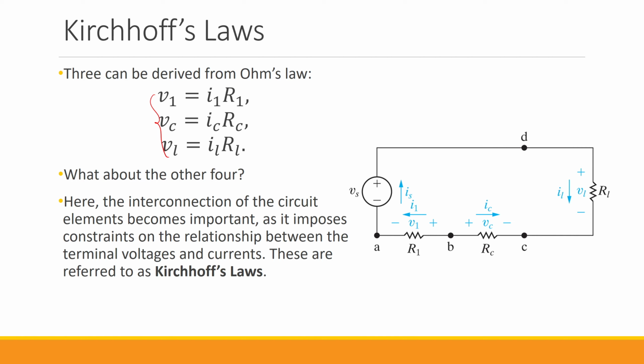So the answer to finding those extra 4 equations that we need is to consider the interconnection of the circuit elements, because those interconnections impose some additional constraints on the relationship between the terminal voltages and currents. These additional constraints or laws are referred to as Kirchhoff's laws. So let's go through them one by one.